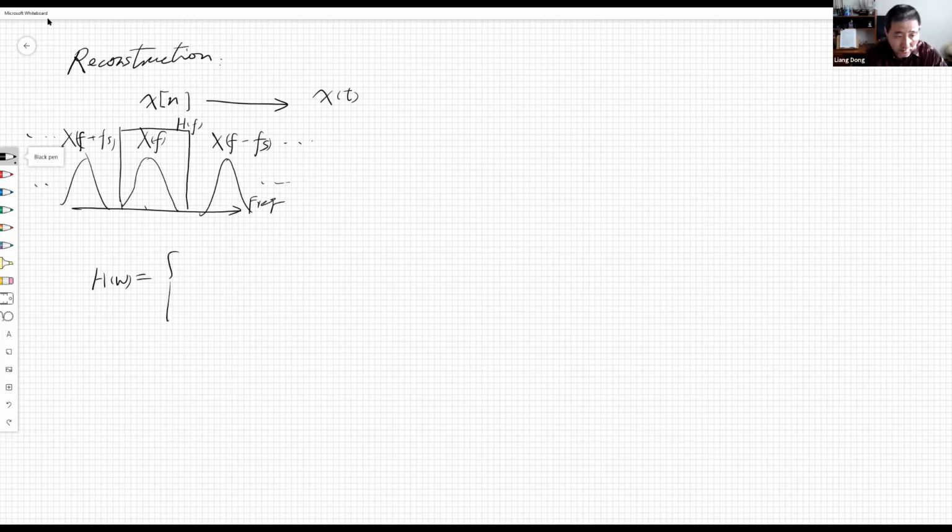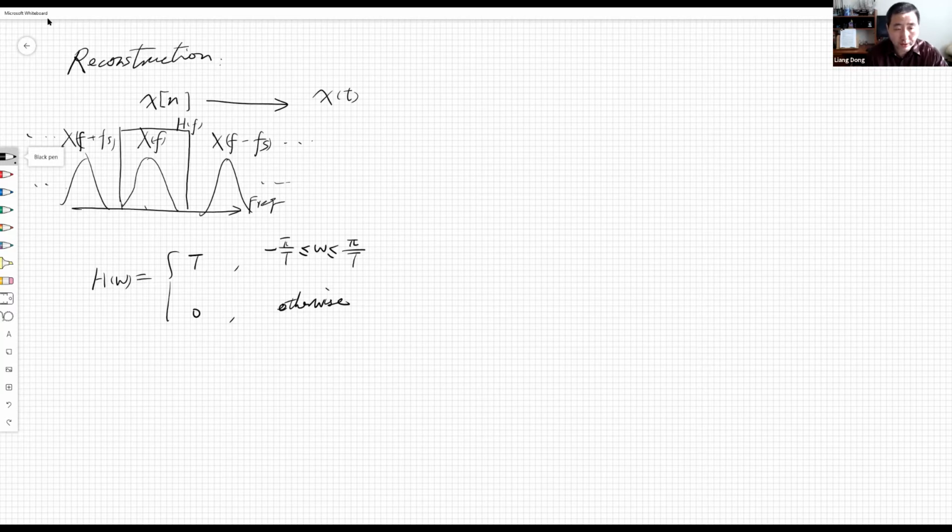The rectangular function has value T when omega is from negative pi over T to pi over T. Otherwise, it's all 0.